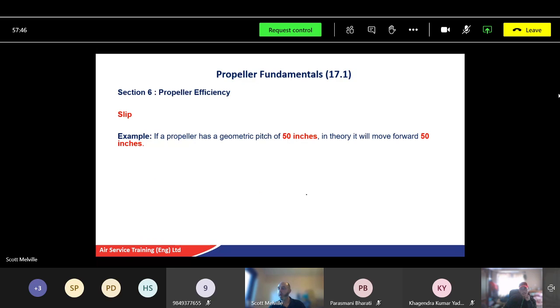So, in theory, as it screws through the air like that, from this point here to that point there, as the propeller spins round one complete revolution, it should move 50 inches, okay, in theory.